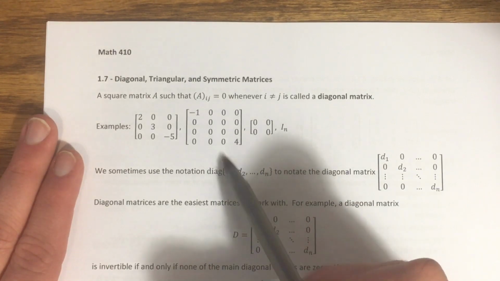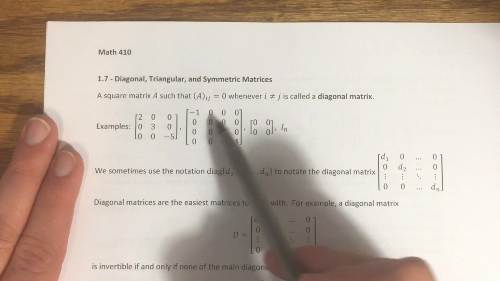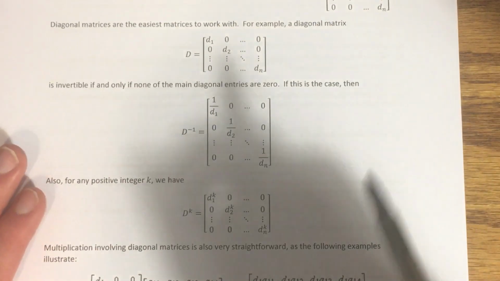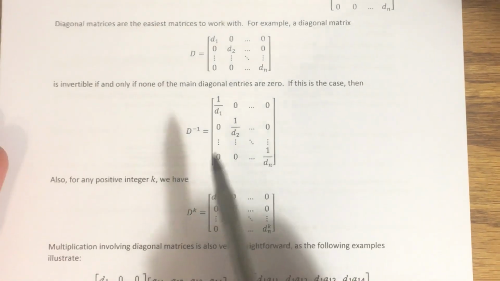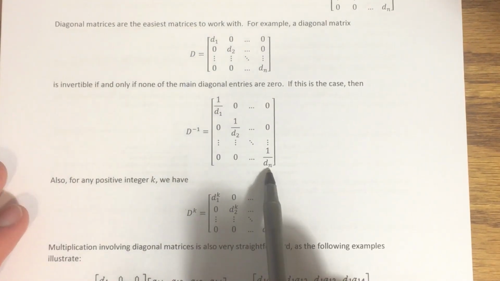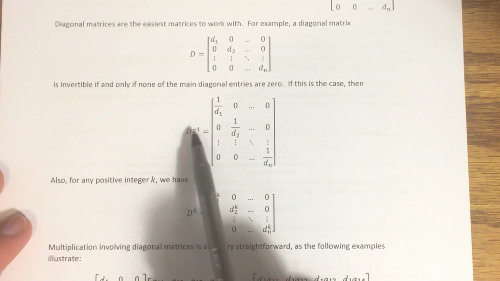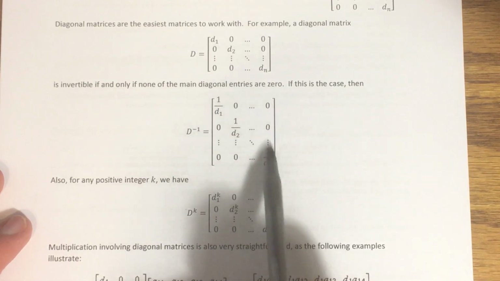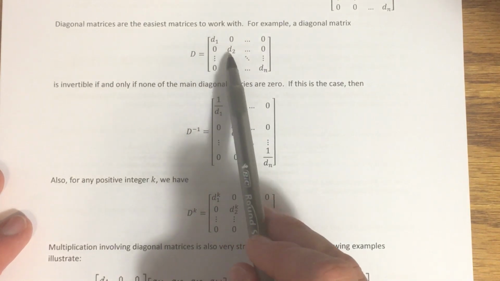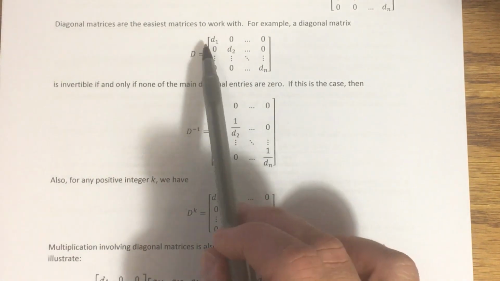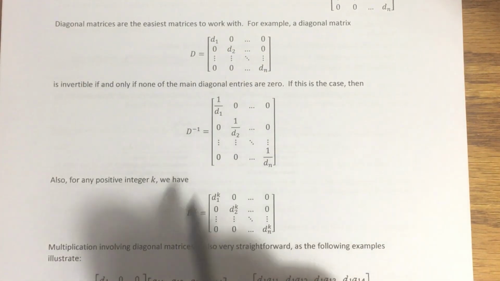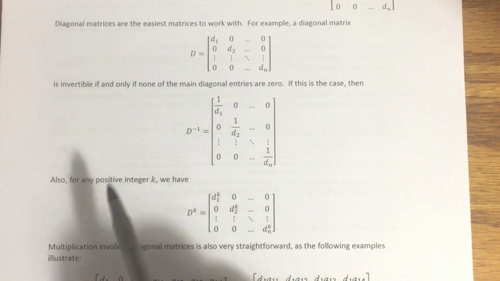And notice that's what happens if a diagonal matrix has a 0 somewhere on its main diagonal. But if a diagonal matrix has only non-zero entries on its main diagonal, then it's invertible, and its inverse looks like this. It's another diagonal matrix where each entry is just the reciprocal of the corresponding main diagonal entry from D. That's really easy to compute, just taking the reciprocal of n numbers.